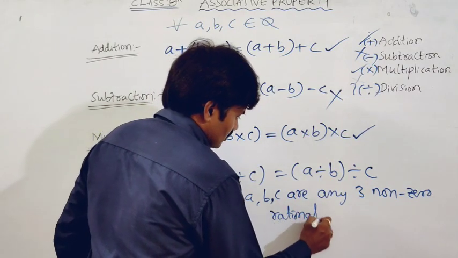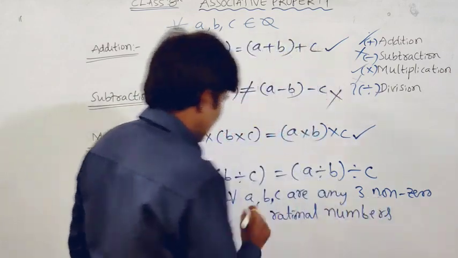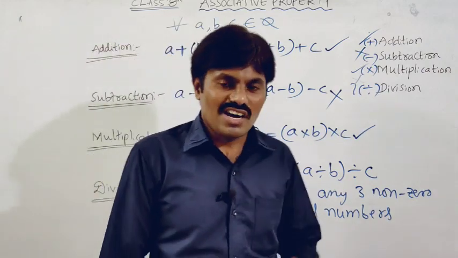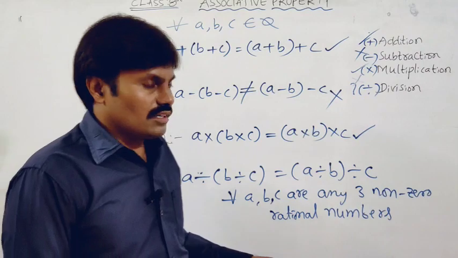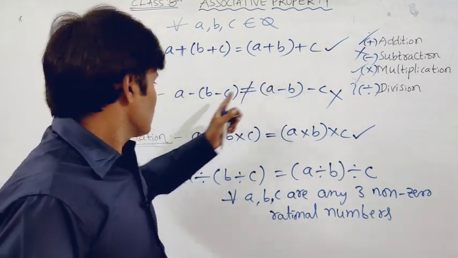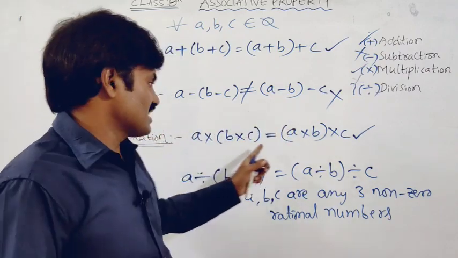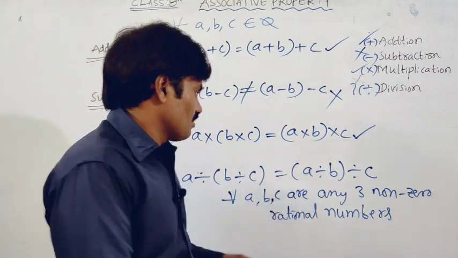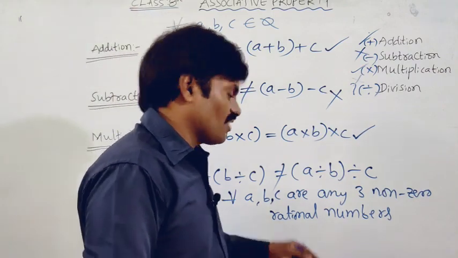Here I have to define this. Okay, clear? So this is about the associative property under four different operations. Addition is associative in the rational numbers, subtraction is not associative, multiplication is associative, and division is not associative in the set of rational numbers.